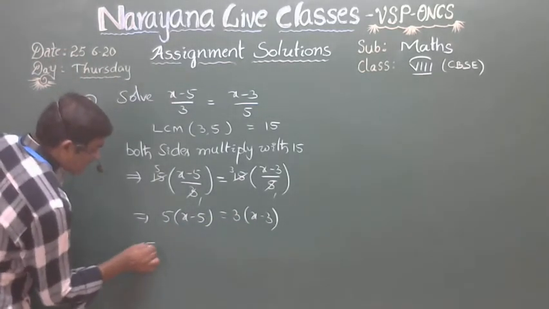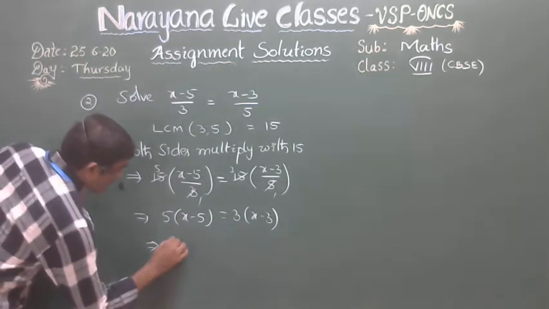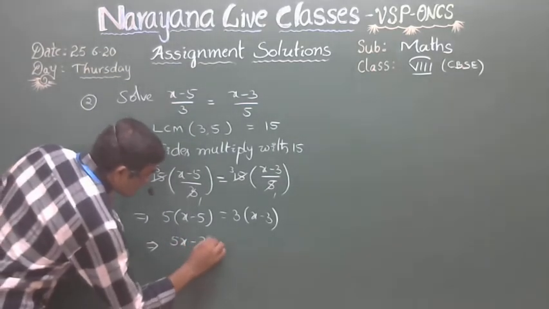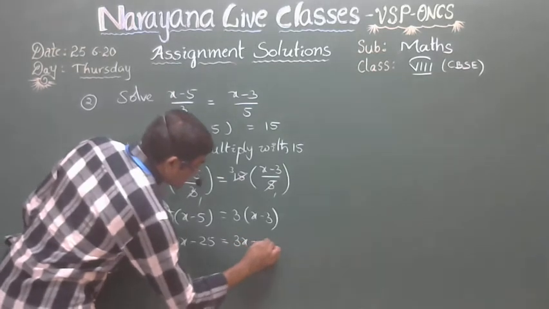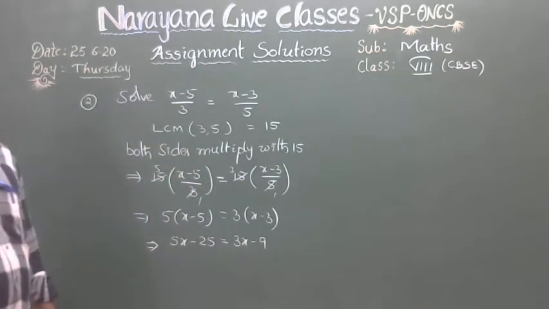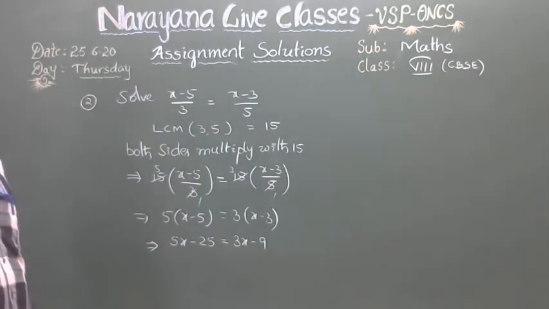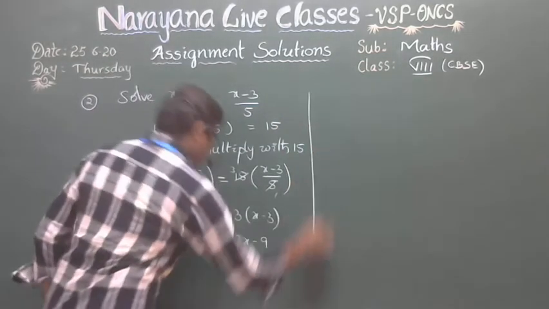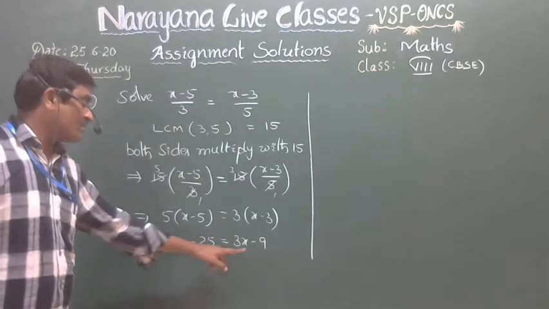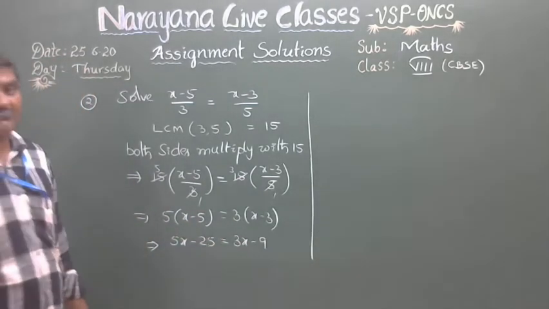Then what you will get? 5 into x, 5x minus 5 5s are 25 equal to 3 into x, 3x minus 3 3s are 9. Now all the variables will be transformed into one side and constants into the other side. So 5x, 3x are variables, this 3x will be transformed into the left side.